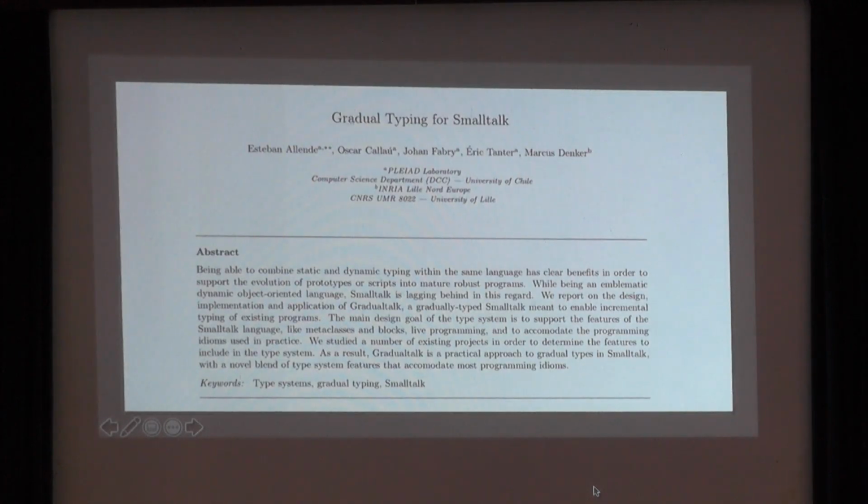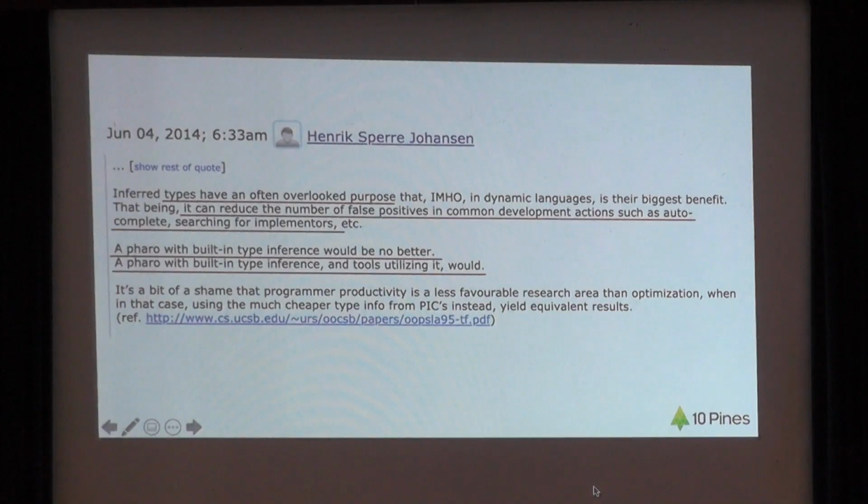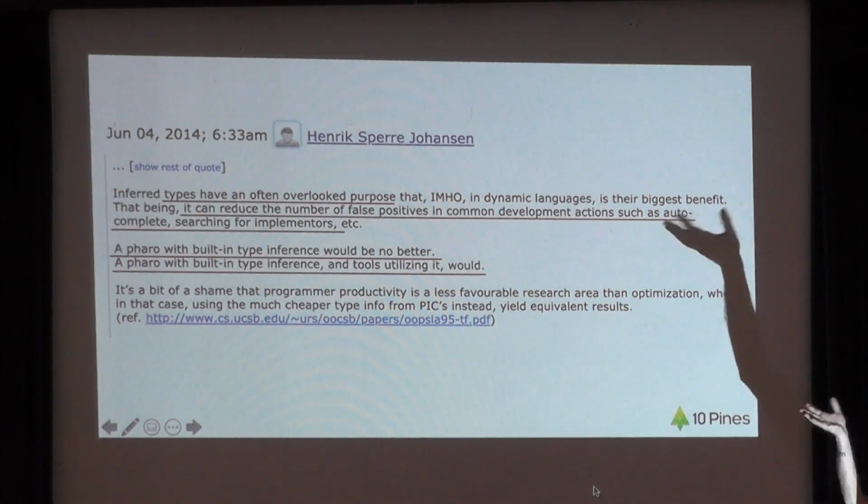Two or three years ago, there's this great paper from Marcus Denker, Éric Tanter, and other guys in Chile about gradual typing for Smalltalk. So it's not new. And today I realize that there is a guy here sitting with us that in 2014 said the same thing. Henrik Johansson, yeah, that guy over there. Yeah, just wave your hand.